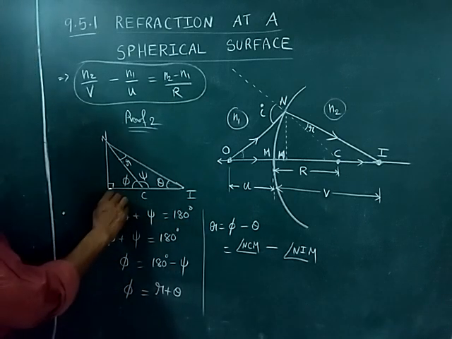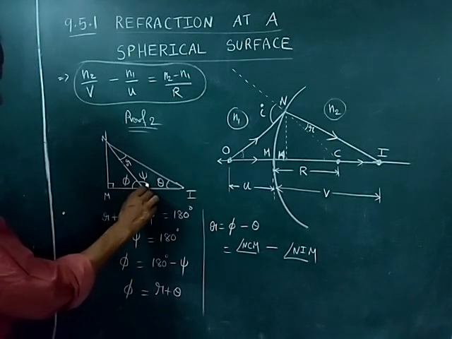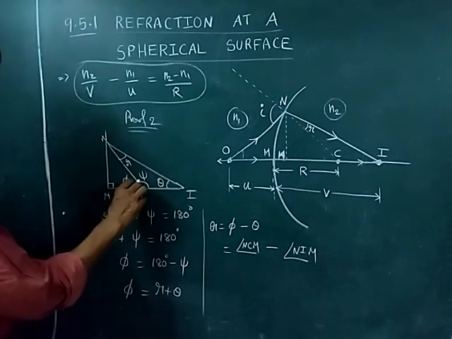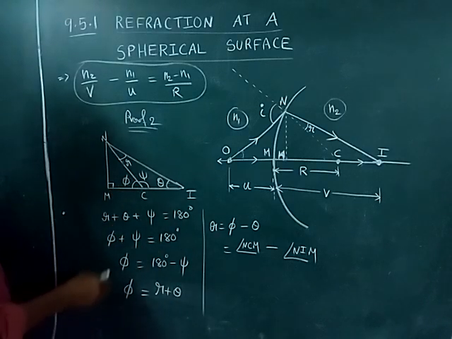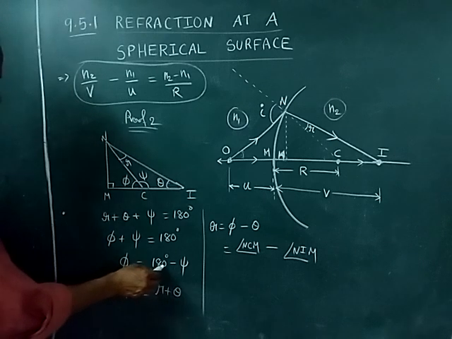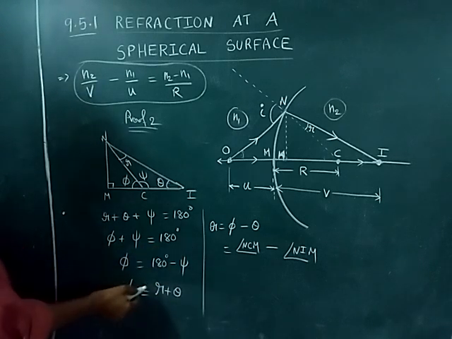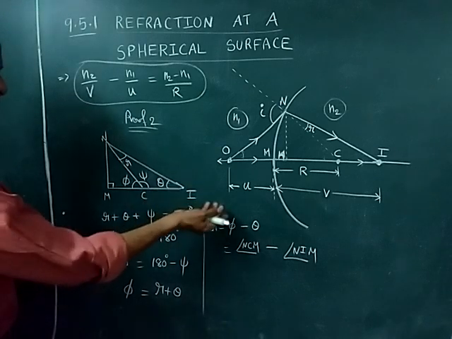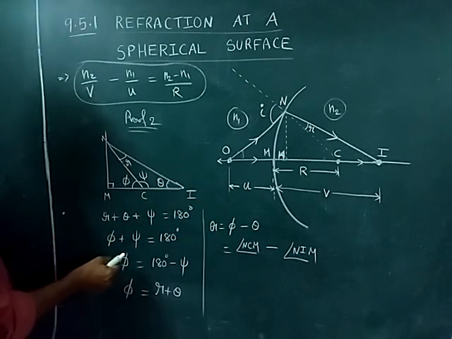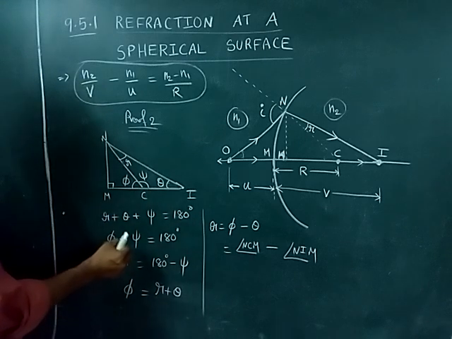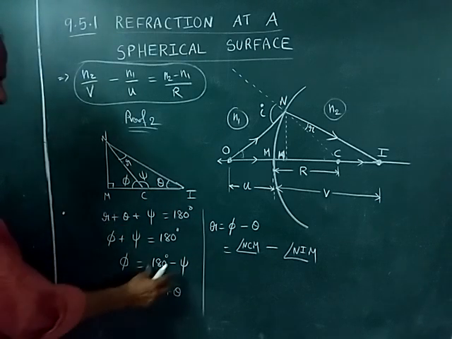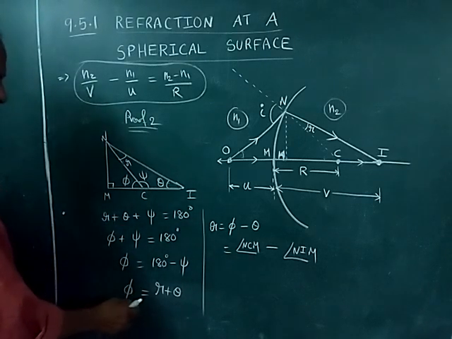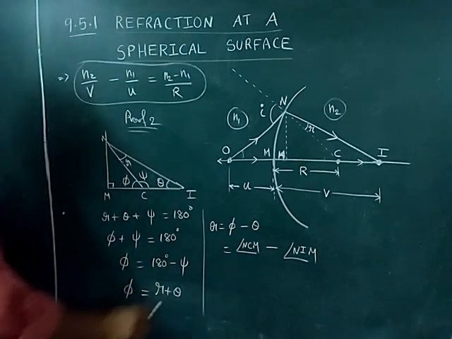Another equation, this is a straight line. If you consider this angle, phi plus psi should be equal to 180. That means phi is equal to 180 minus psi. From the first equation, bring this psi to the other side, it will become 180 minus psi. So in the place of 180 minus psi, we can write r plus theta. That is, phi is equal to r plus theta.